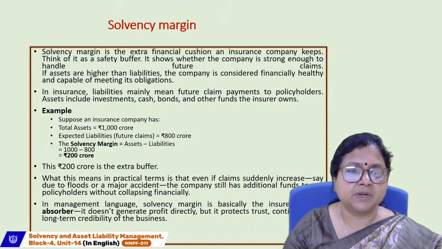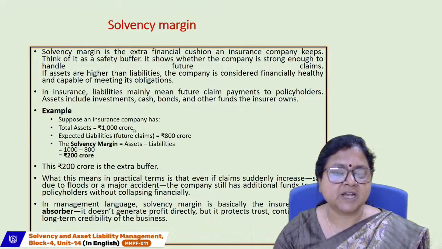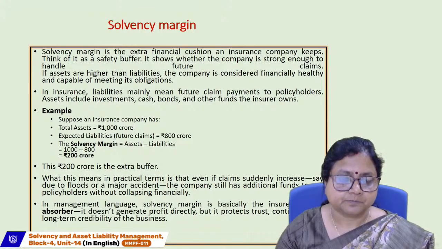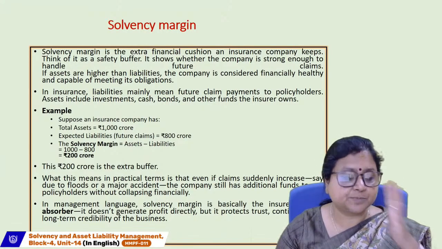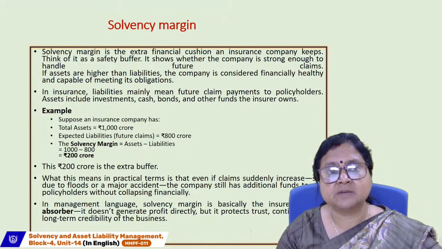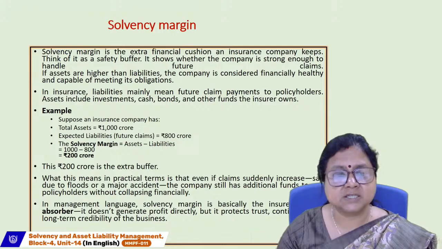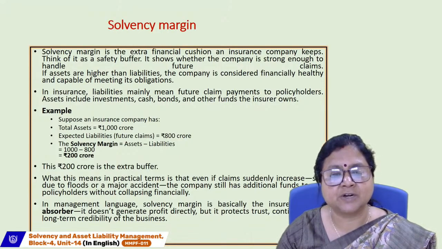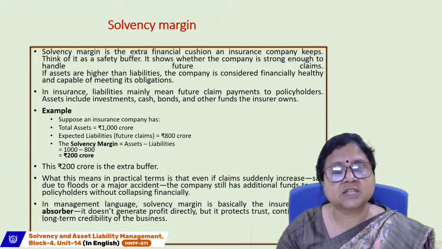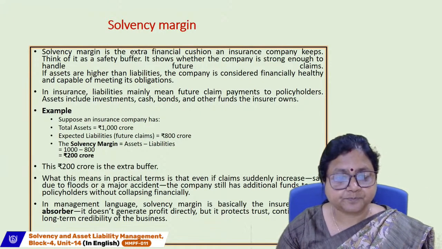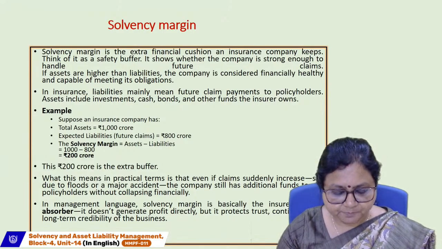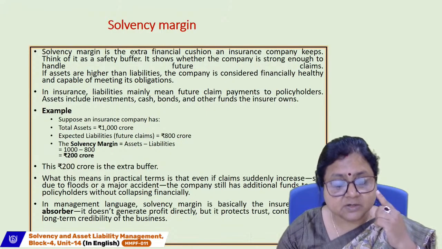Now let's take an example. Suppose the insurance company has total assets of 1000 crore. You can never predict exactly how much in claims will come in future, but by seeing the different types of risks covered in the policies, you can make a prediction and assess what claims you will need to settle after maybe 5 or 10 years.